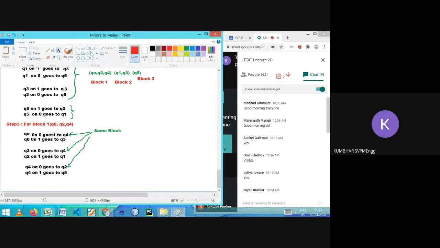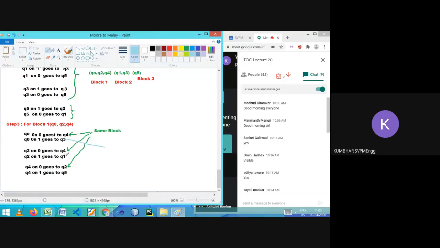In that case, Q0, Q2 and Q4 on 0 go to the same block. Now let's check for this. Q0 on 1 goes to Q3, correct? So this Q3 means this group.